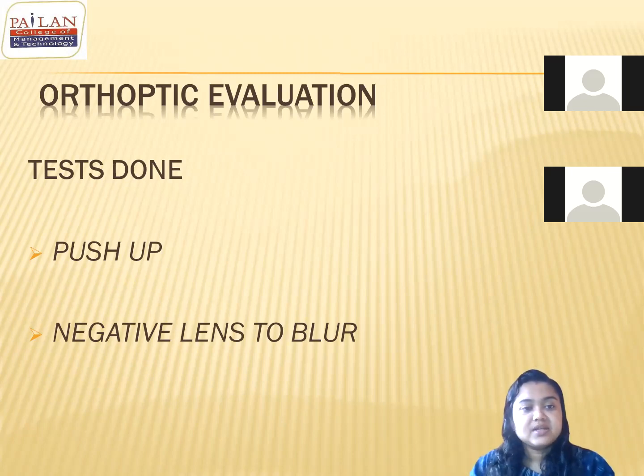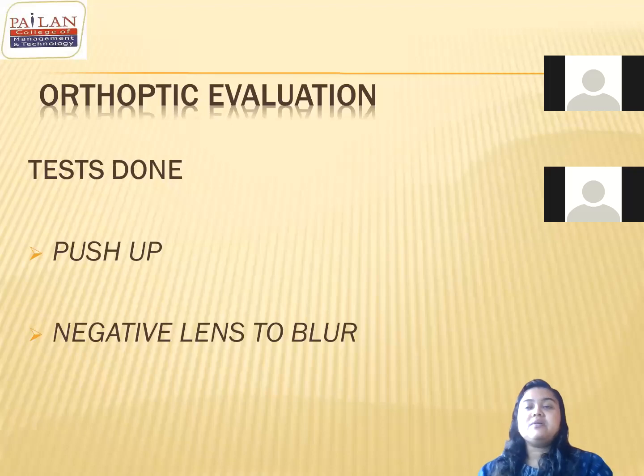Normally, which one is the most common? The most common is the method we use with the RAF ruler, because that is easy to calculate. So you can do a push-up test, a pull away method, and also a negative lens to blur method. NRA, PRA I will be discussing later.